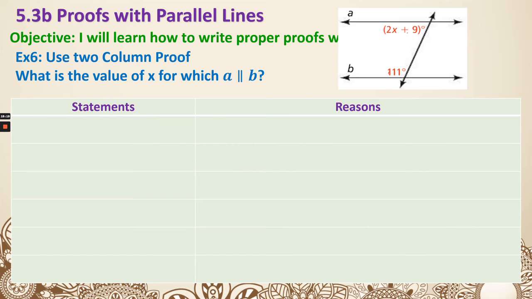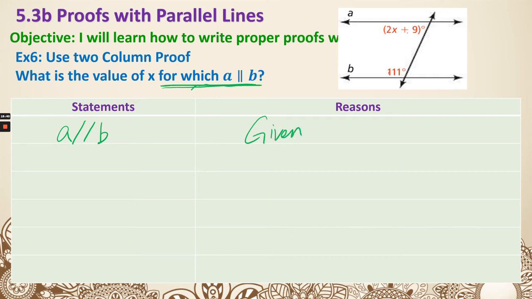If we're saying A is parallel with B, that basically means we can actually use that information. So if A is parallel with B, that's something we want to get to. We actually want it as a given information. So we can actually use that and say it's given.